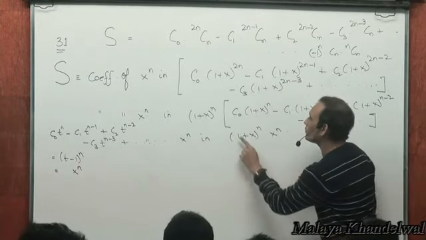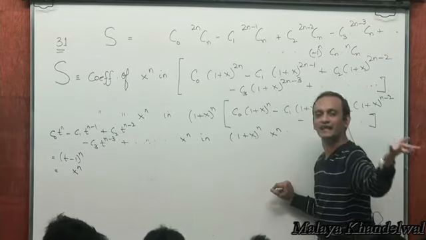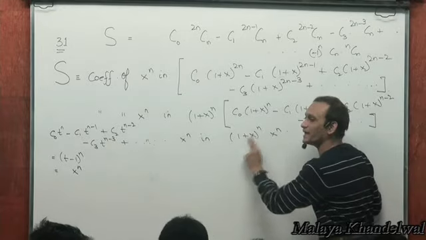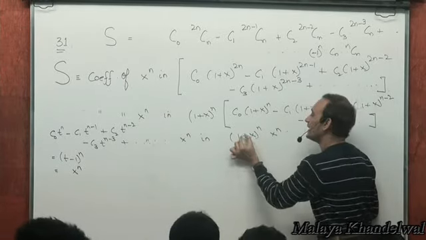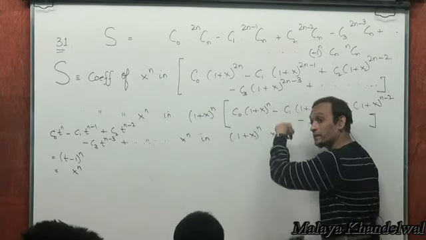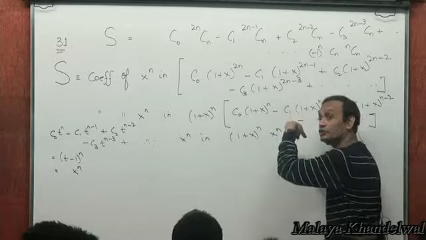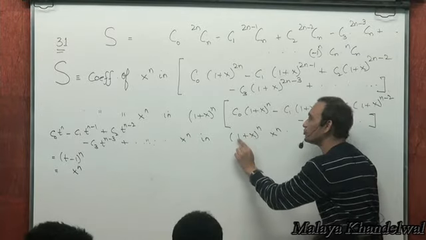Right? See, the first term here is 1 into x^n. That's the only term that will contain x^n. All other terms will contain powers of x higher than n. See, 1 into x^n, then nC1 x into x^n gives n+1, then n+2, and then 2n, right? So the term that contains x^n would simply be 1.